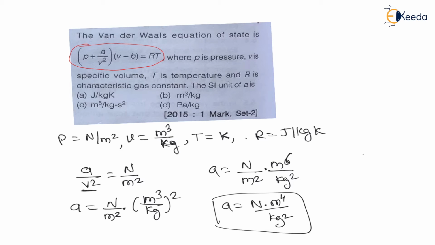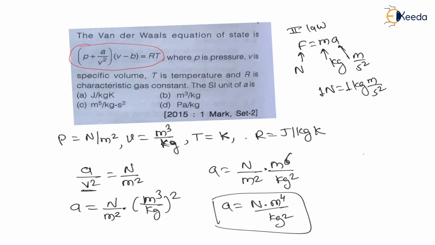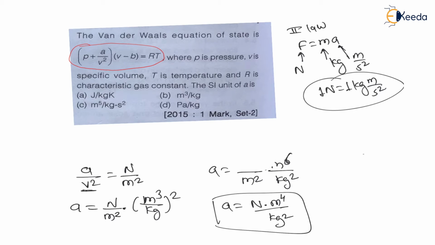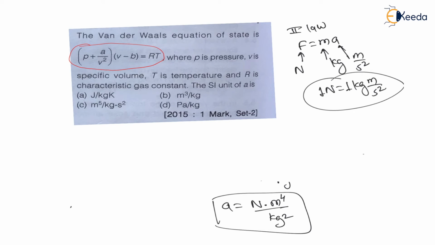But my dear students, we know that as per Newton's second law, force is equal to mass into acceleration, and the unit of force is Newton, unit of mass is kg, and unit of acceleration is meter per second square. Therefore, 1 Newton is equal to 1 kg meter per second square. Let us replace Newton by kg meter per second square.